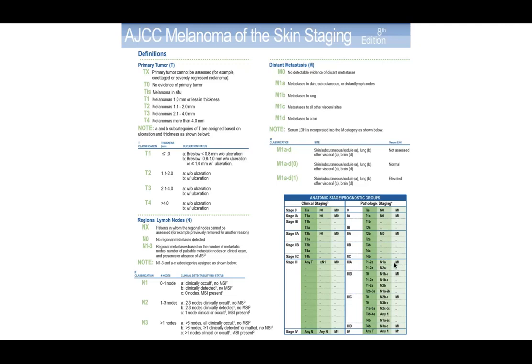So having a T3B, for example, would be a stage 2B overall, but the actual stage would be a T3B in terms of the T. And when you go down to looking at stage 3 overall, that's when you have a correlation from the clinical to the pathologic of having node involvement. And then when you have metastasis, that's going to be your stage 4.